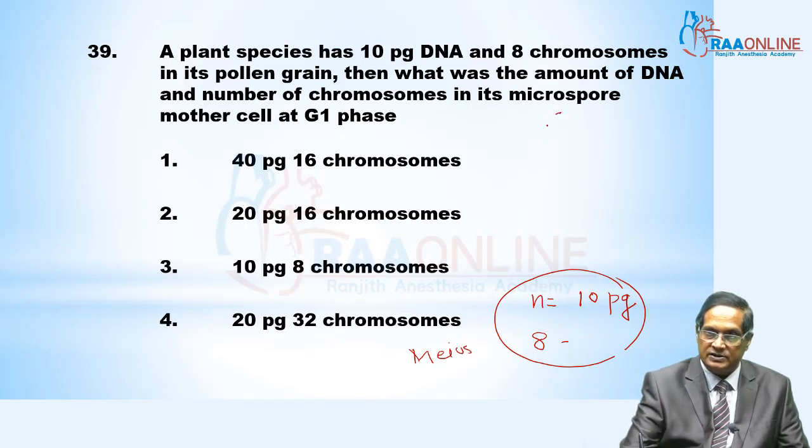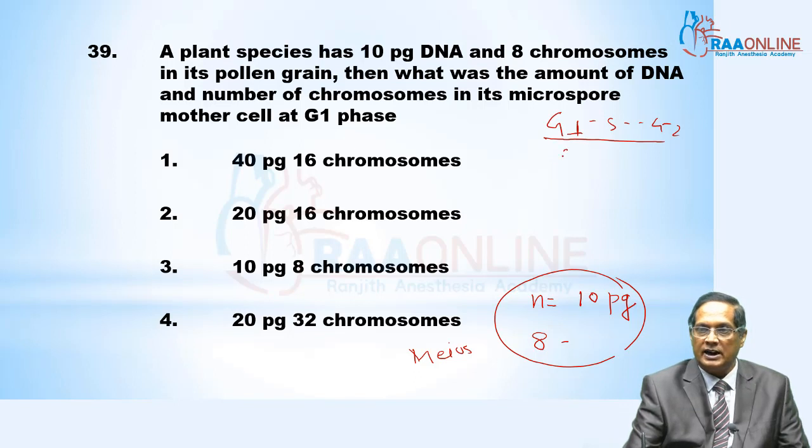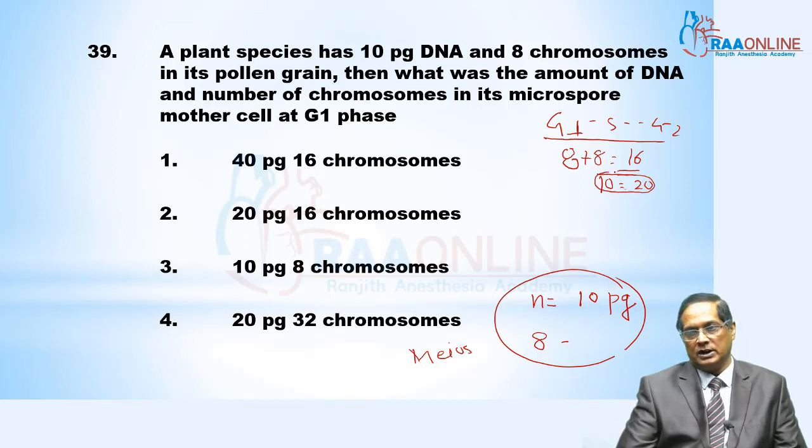In G1, S and G2 stages: at G1 stage, 8 plus 8 chromosomes because the cell is diploid. That is 16 chromosomes in the pollen mother cell. If the number of chromosomes is 16, then the amount of DNA should be 20 picogram.